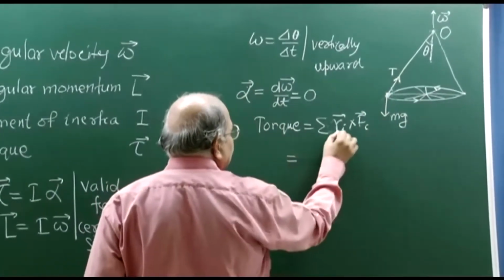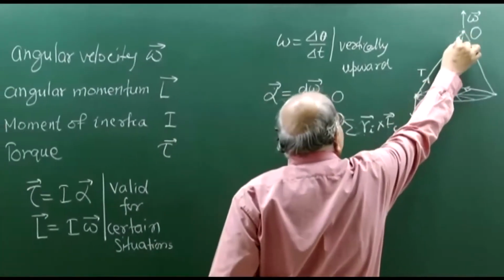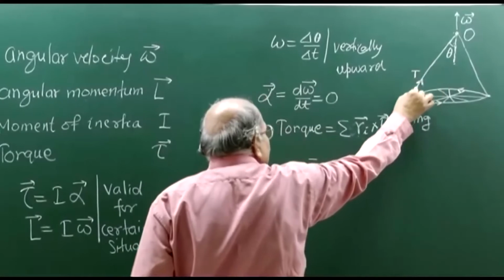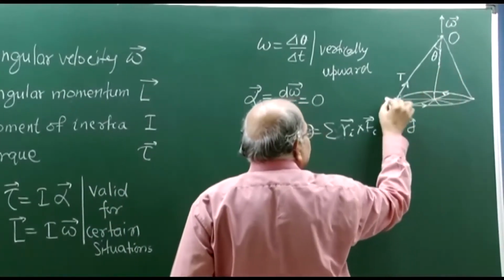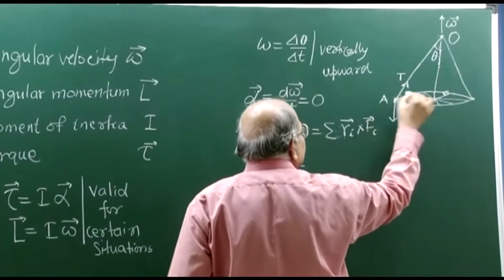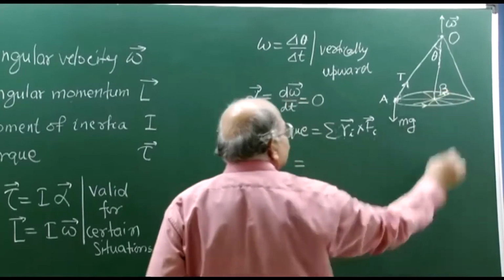So, this is Ri, once again it is here, this is the r vector. Let me write some letters. Let me call this point A and this point B, the center of the circle.